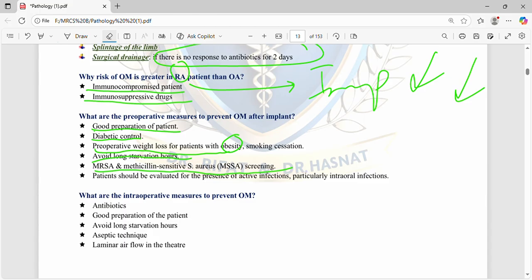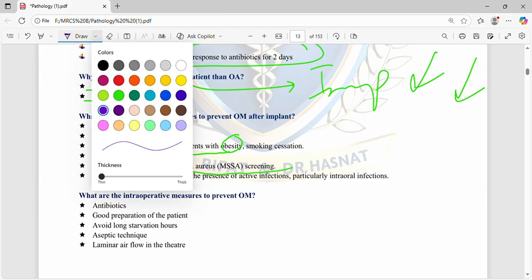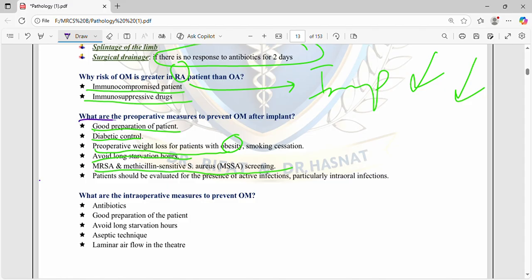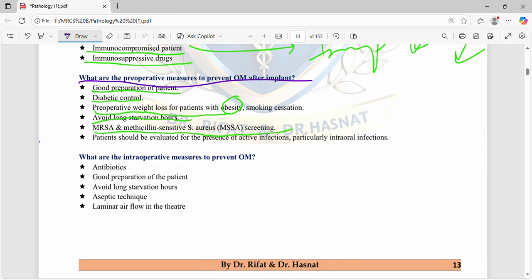So these are the preoperative measures to prevent osteomyelitis.